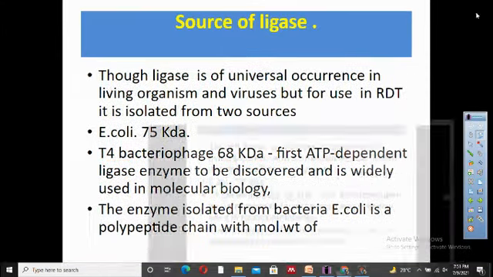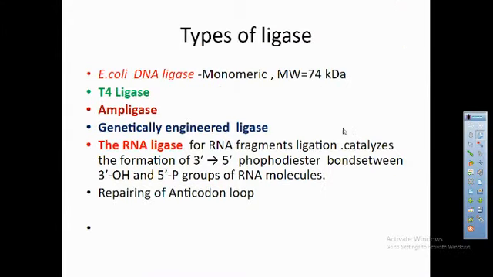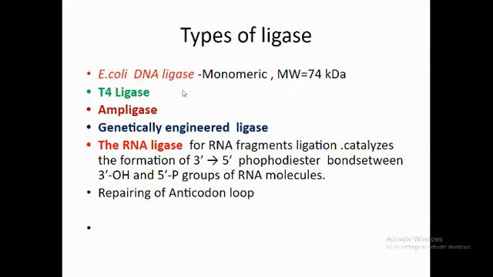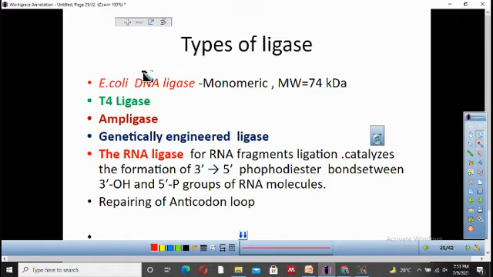Another set of enzymes is used for the ligation of DNA molecules or RNA molecules. Here are some of the enzymes, like DNA ligase from E. coli, T4 bacteriophage ligase, and another one is Ampligase, and this ligase is thermostable.